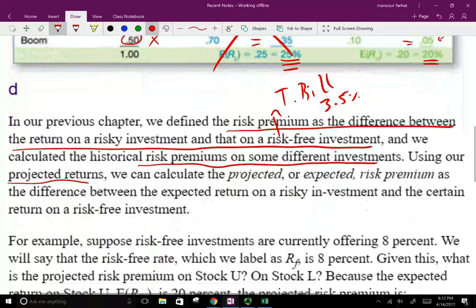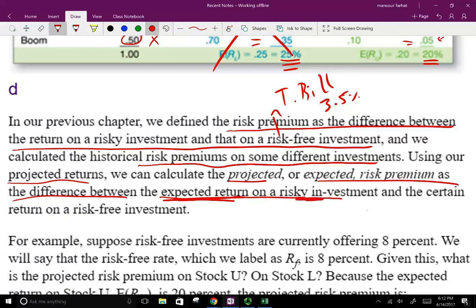We can calculate the projected or expected risk premium as the difference between the expected return on a risky investment and a certain risk-free investment. It's basically the same thing, but here we're working with the expected return on a risky investment and a risk-free investment. We're going to assume it's the T-bill.